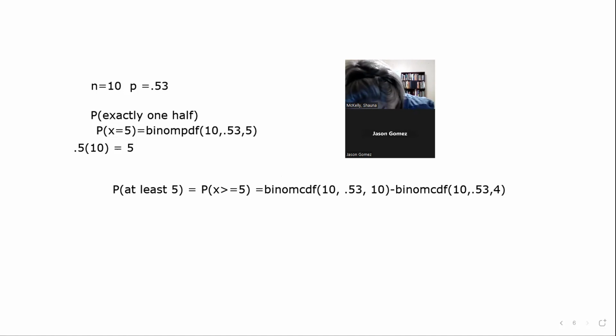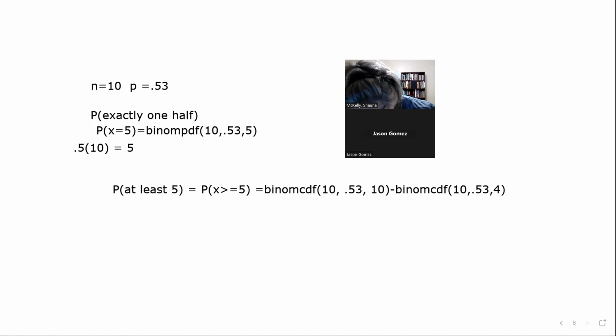Then we're going to subtract second distribution. Second distribution. We're going to go binomial CDF, 10, 0.53 and 4.